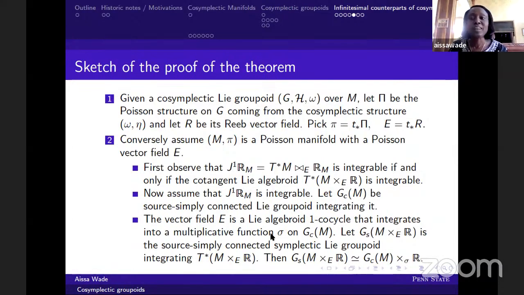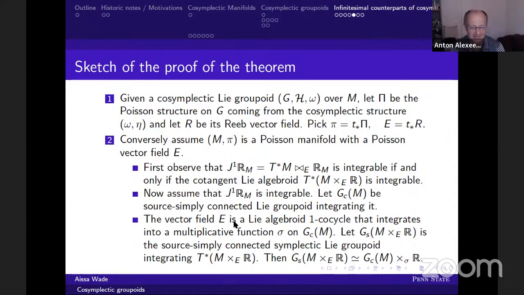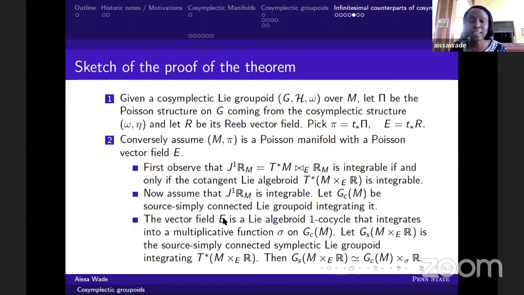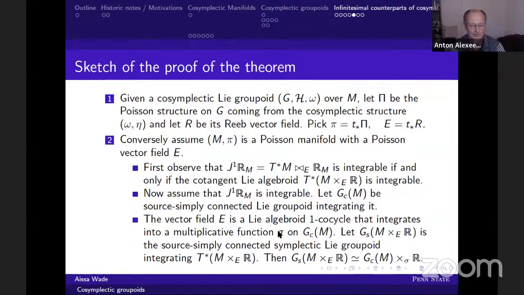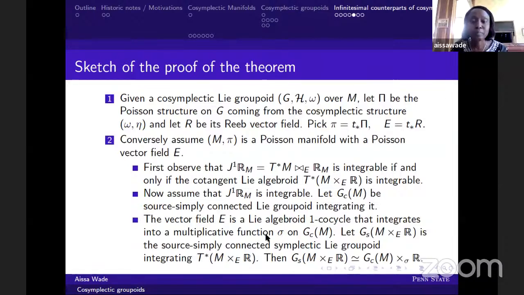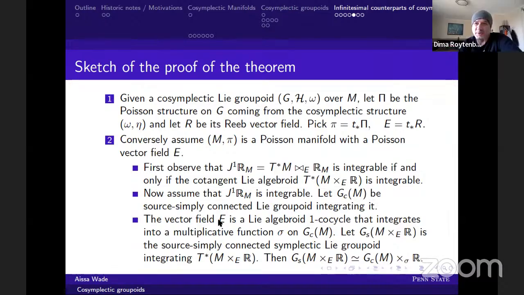I can integrate E, and there is an explicit formula for omega. You can construct it, but to tell explicitly what it is is not easy. But there is an explicit formula for getting your multiplicative function from E. As long as you can integrate a scalar one-cocycle on the algebroid, there is actually an integral formula.